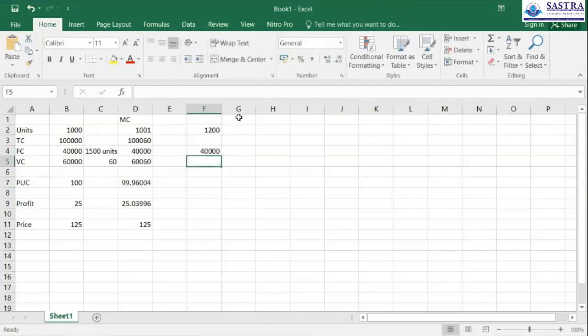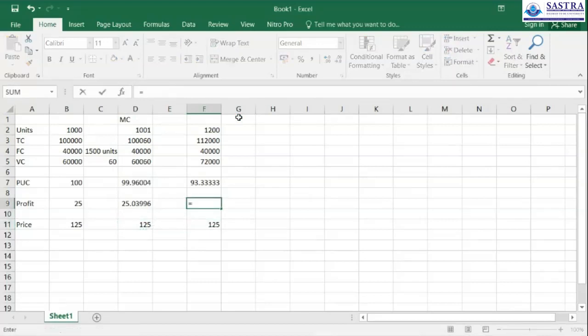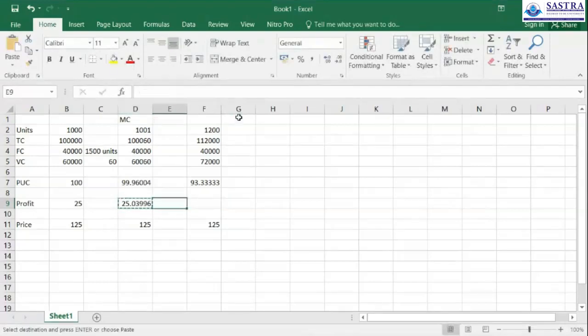The variable cost for 1,200 units is 72,000 rupees, so the total cost is 1,12,000 rupees, and the per unit cost comes down to 93.33 rupees. The selling price of 125 rupees remains constant, and you can calculate the profit.